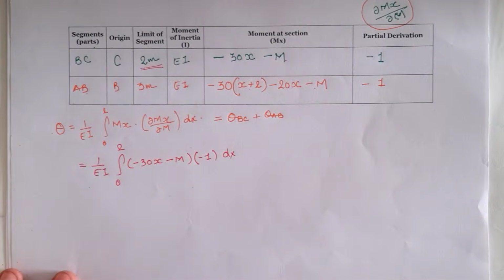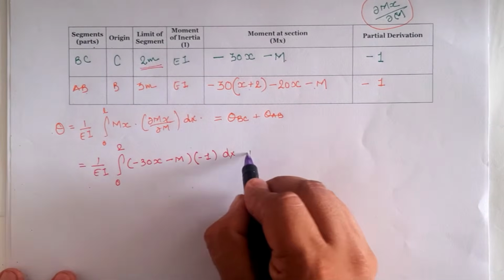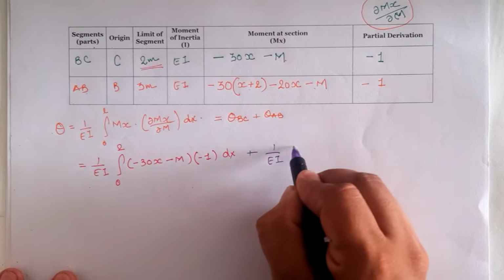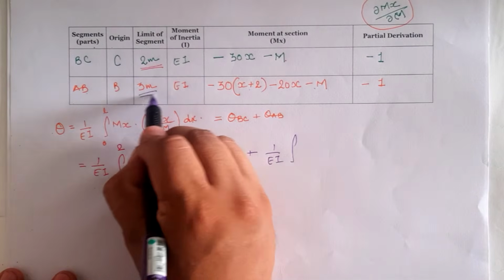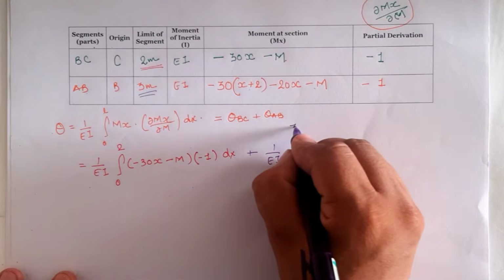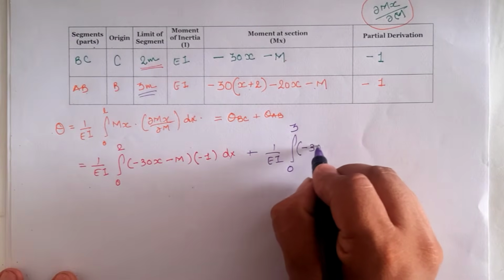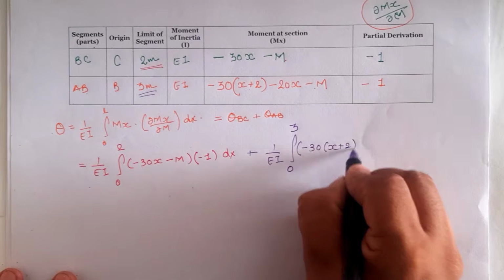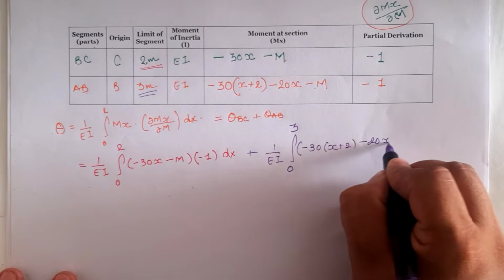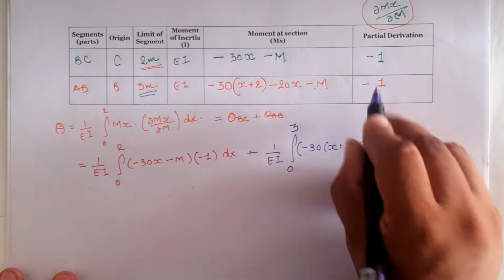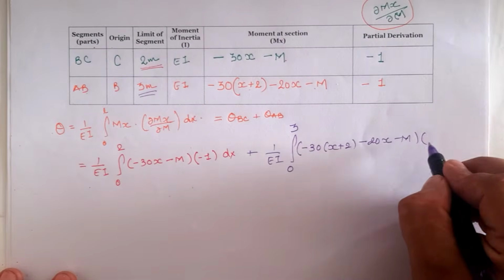Now for the span AB, it is 1 by EI, the limit is 3 meter, so it is 0 to 3. Moment in tabular form is minus 30 into (x plus 2) minus 20x minus M, and del Mx by del M is minus 1.